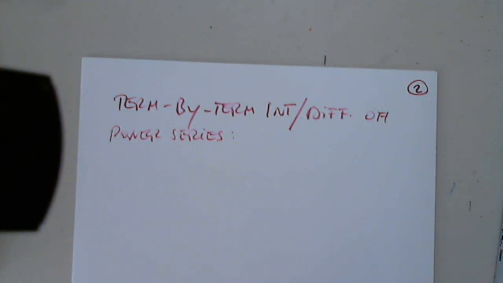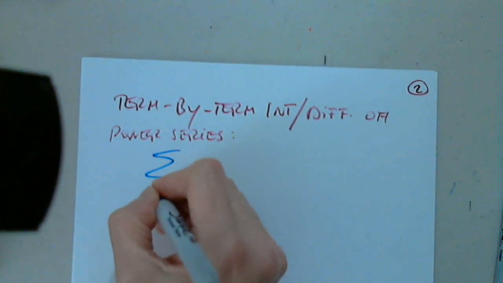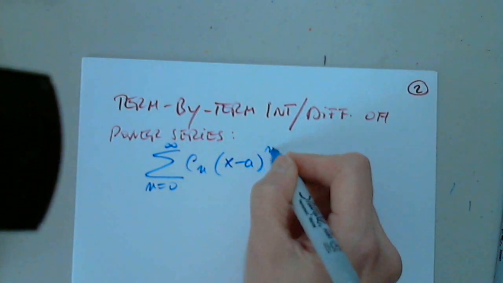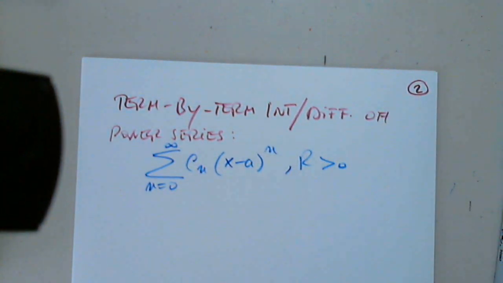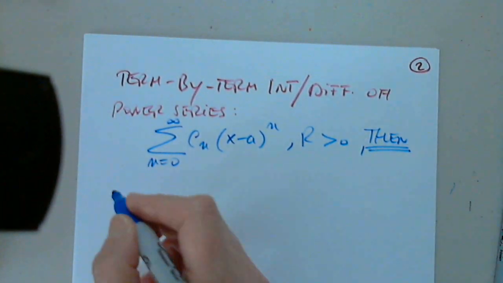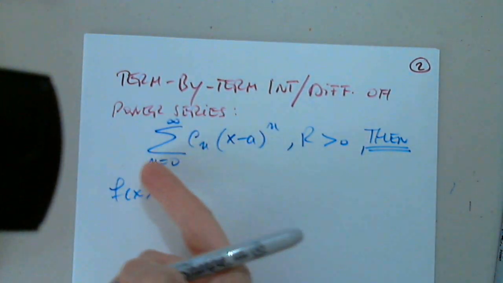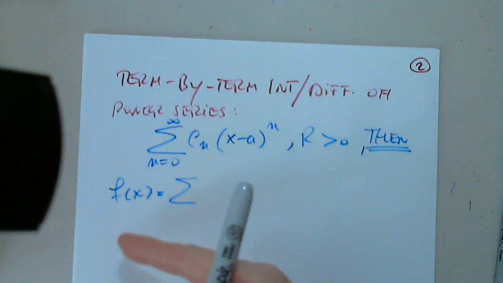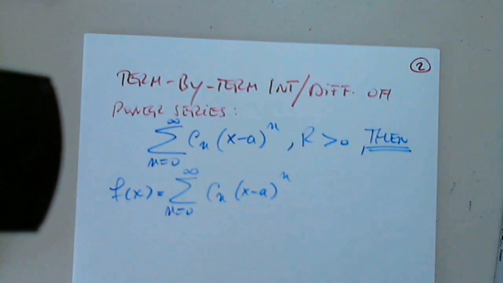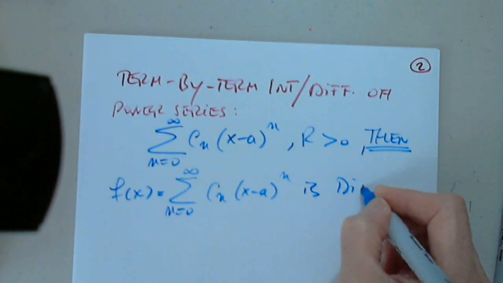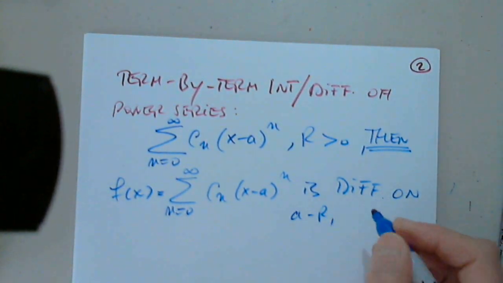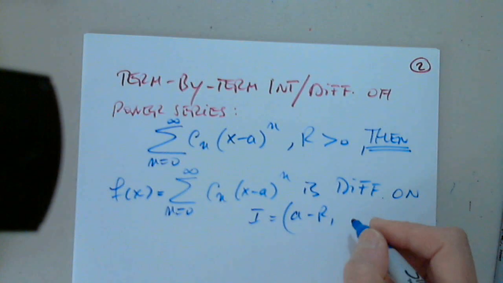So assuming we have the following power series, the sum from n equals 0 to infinity of Cn times x minus a to the nth power with a radius of convergence greater than 0, then the function that is represented by this power series is differentiable, and as we know, if it's differentiable, it has to be continuous, on the interval of convergence, a minus r, a plus r.